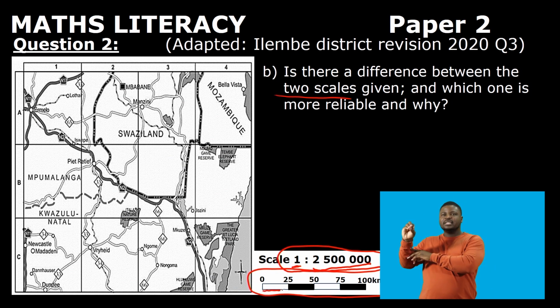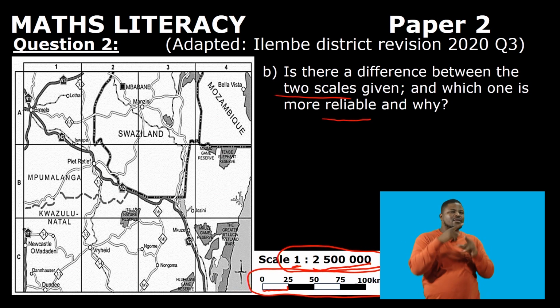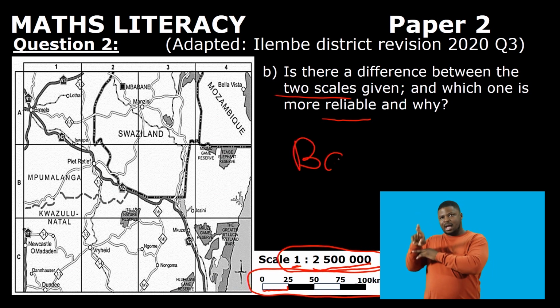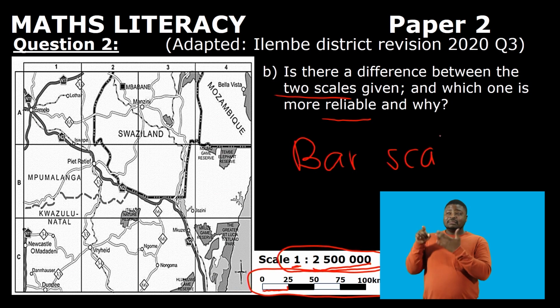The other one we need to measure to see what that ratio is, but we know that the difference is the one is a number scale, the other one is a bar scale, and then when it comes to being reliable, it is going to be your bar scale. Why? Because your bar scale is a picture, and that reduces and enlarges with the map. Remember, that's not a magic map, so if you reduce or enlarge, that number scale won't change, and then it won't be reliable anymore.